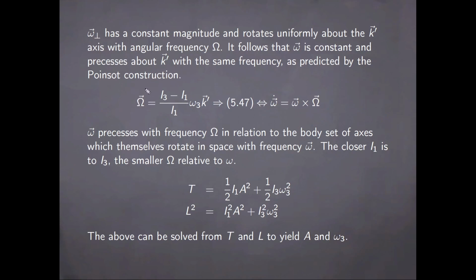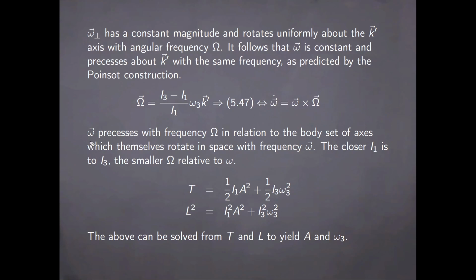So then we can define the vector capital omega by this expression, and then through equation 5.47 we can find the time derivative of omega in the intrinsic frame as given by the cross product here.